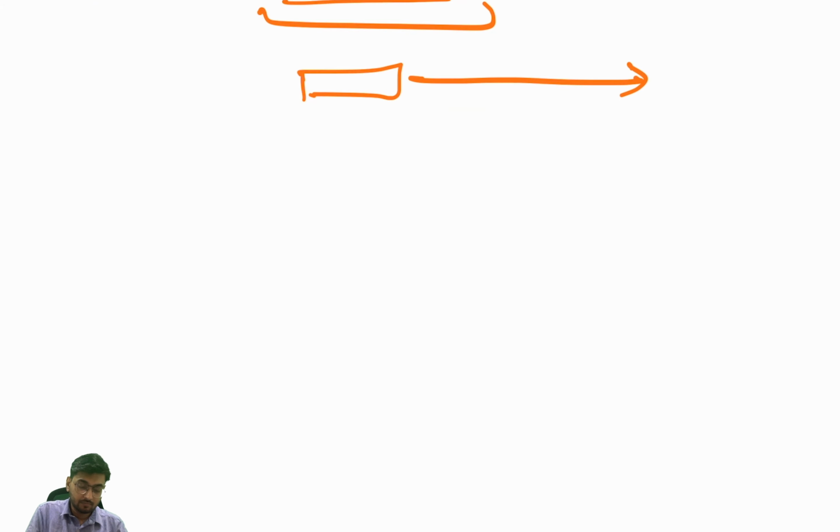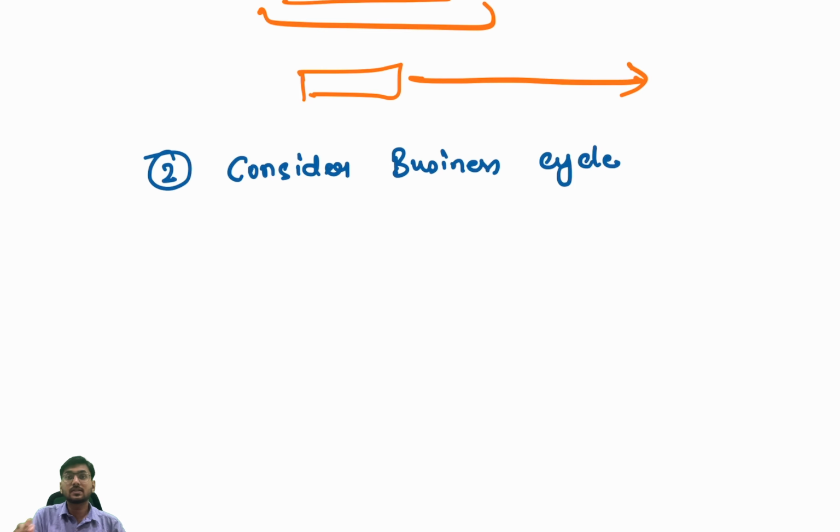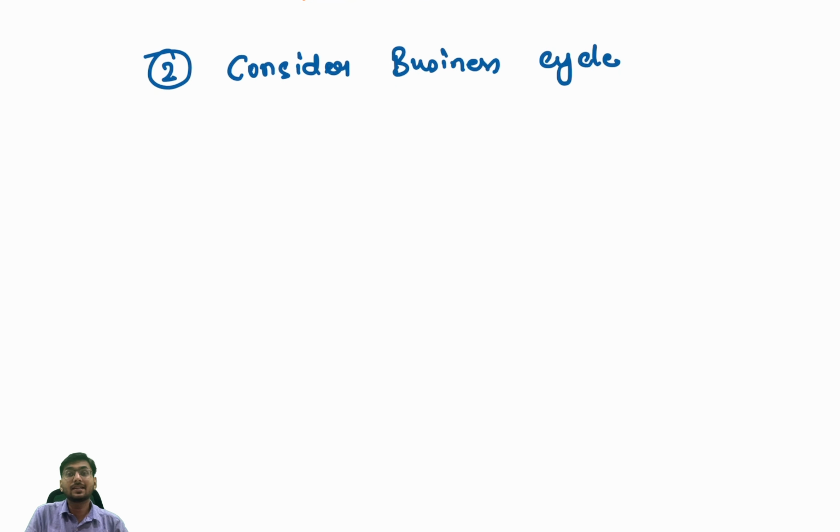Write down second: consider the business cycle. You have to consider the business cycle. Now, some businesses are cyclical in nature, meaning they can go up and down with the economy.